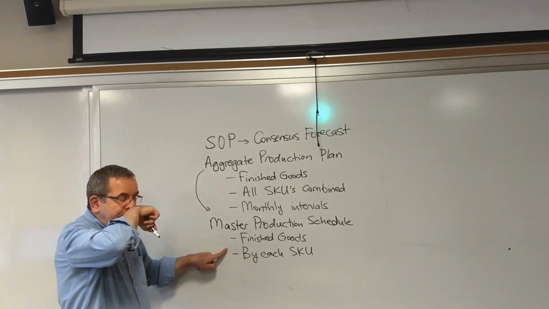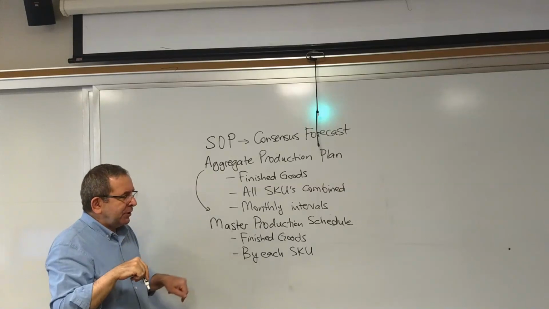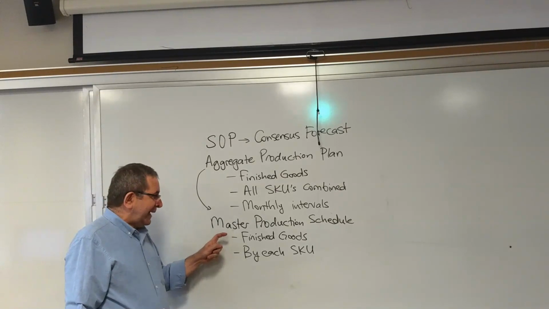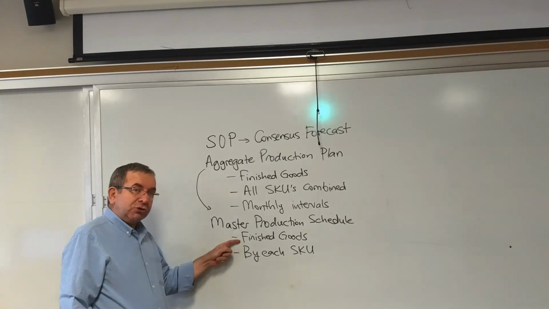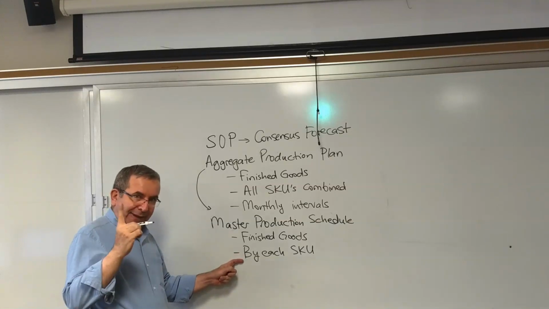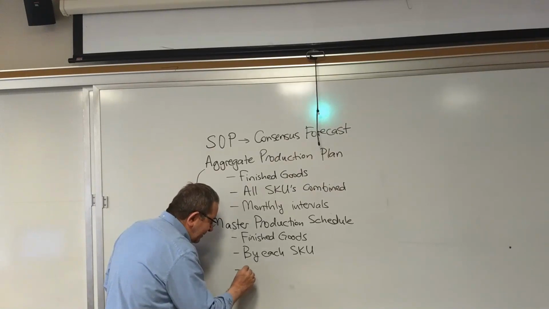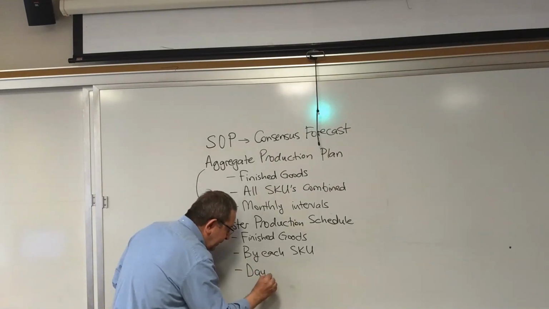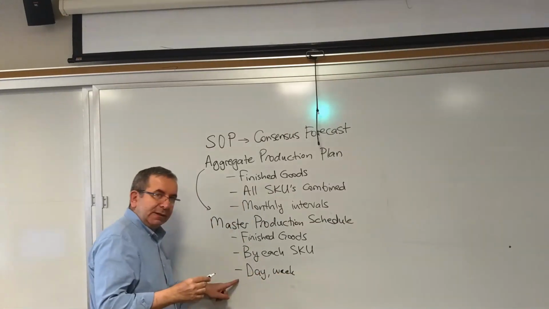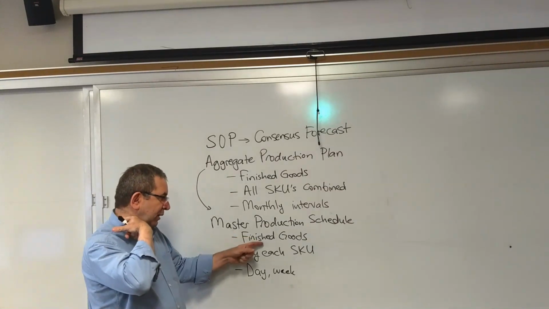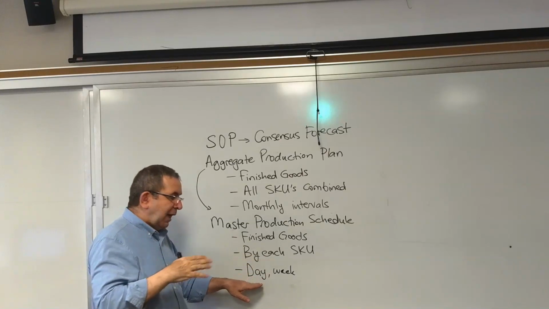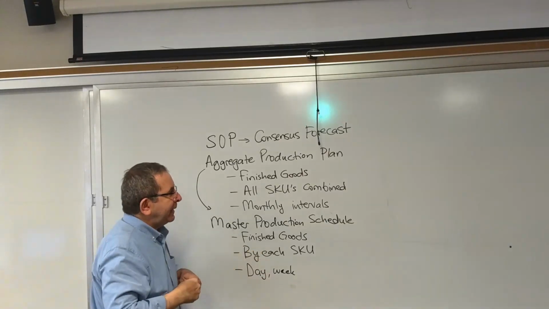So the master production schedule tells you how many finished goods you will make of each SKU and when, in terms of days or weeks. So this is your plan for making finished goods of each SKU on which day and on which week.